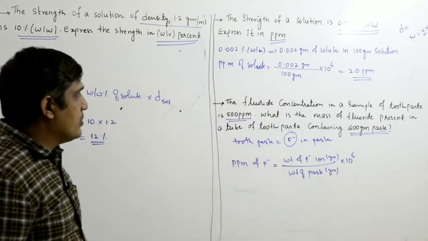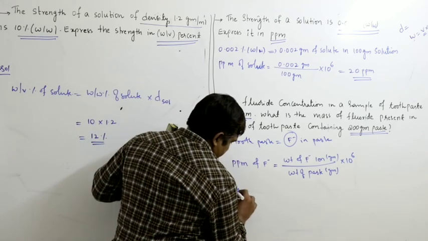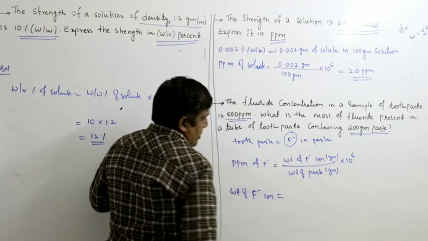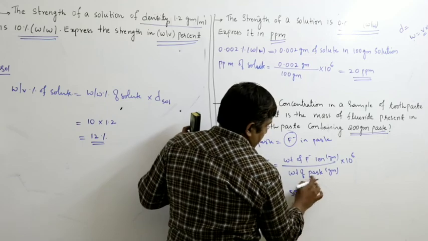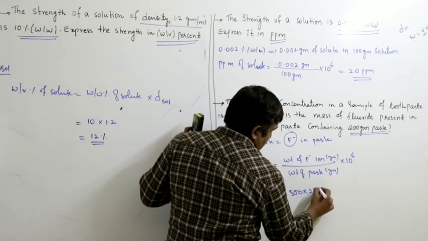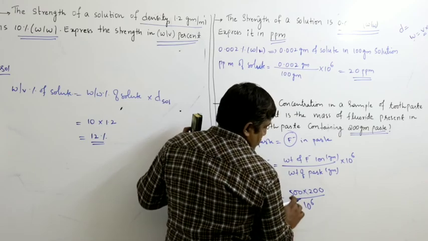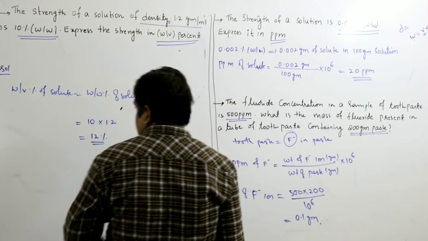So we require the weight of fluoride ion. Cross multiply: this is 500 ppm into the weight of paste, 200 grams, by 10 power 6. So 5 into 10, approximately we will get 0.1 grams.